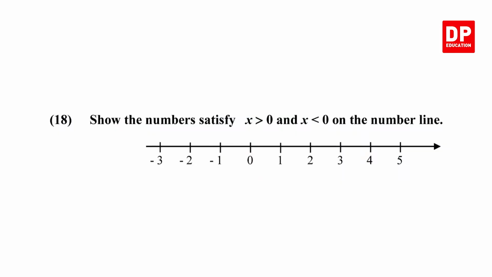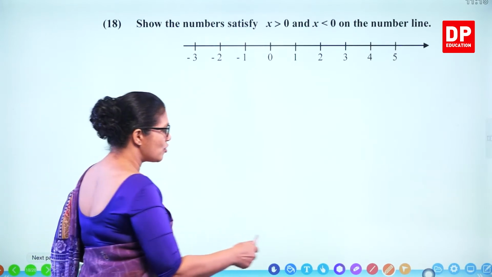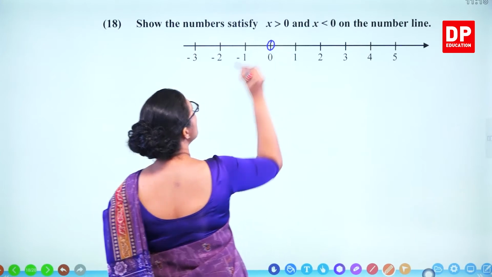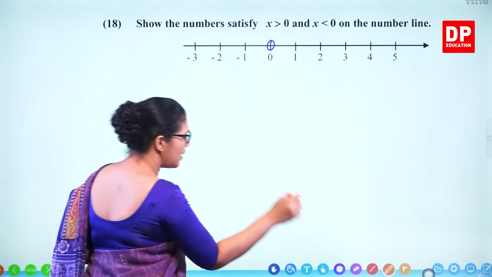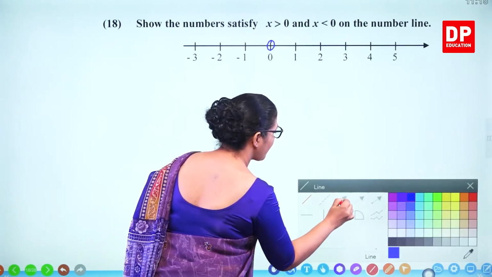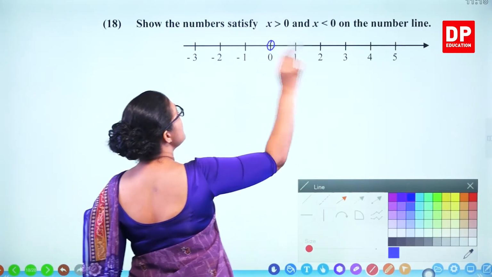Question number 18. Show the numbers satisfying x is greater than 0 and x is less than 0 on the number line. So 0 is not included. So what you do? You draw an open circle around 0 and draw the lines. x is greater means this side.